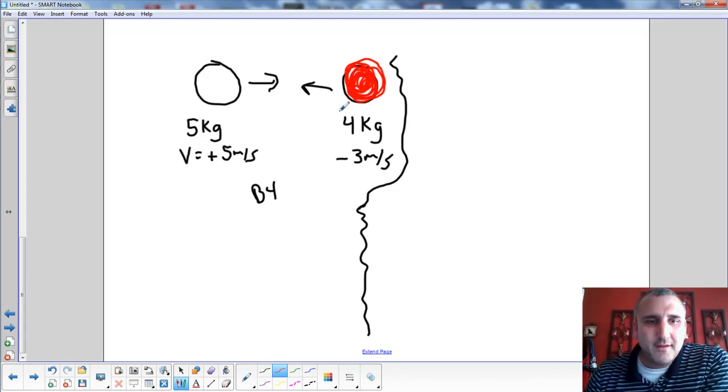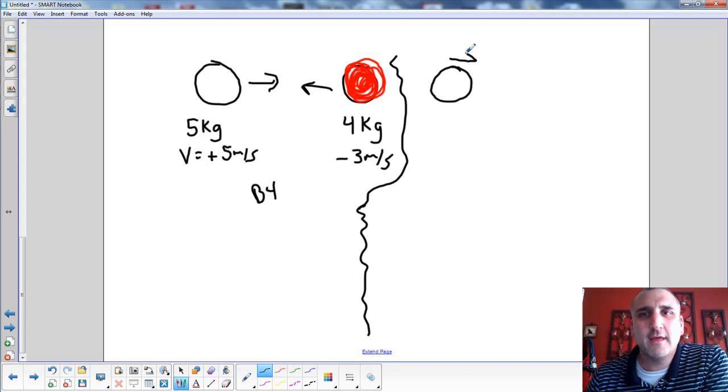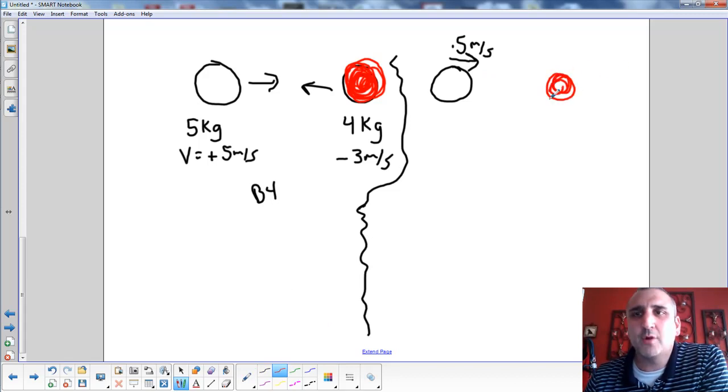Let's say that after the collision, the black marble proceeds forward at a half meter per second. I want to know, after the collision, what does the red marble do? Okay, just for argument's sake.